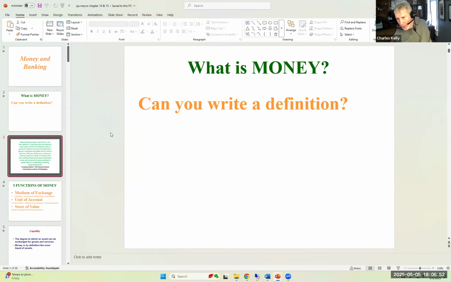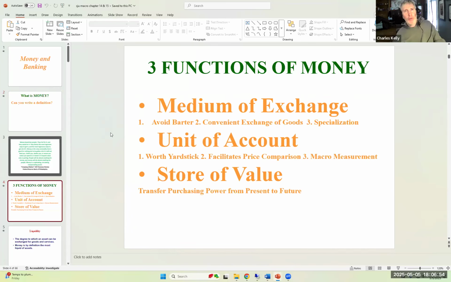So whenever we use money to escape the cumbersome, unfriendly barter system, we're talking about money as a medium of exchange. And the beauty of that is it facilitates tremendous efficiency in terms of productive efficiency when it comes to individuals and geographic specialization of use of resources.